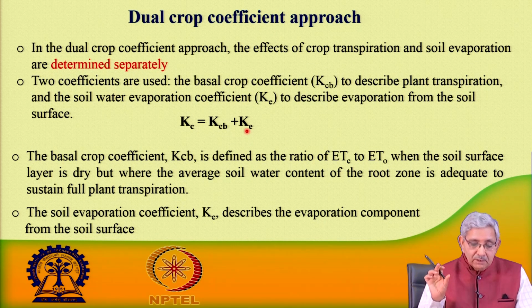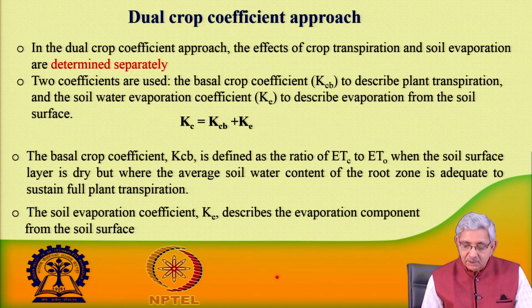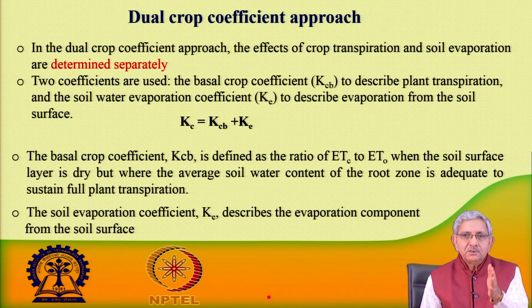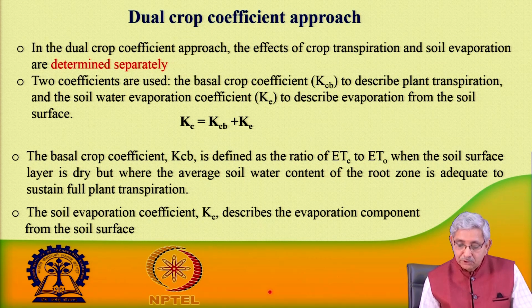So, here these two components are considered, and both are important. We have seen that at the initial stage Ke is predominant, while at the growing stage as well as the mid season stage, Kcb is predominant.